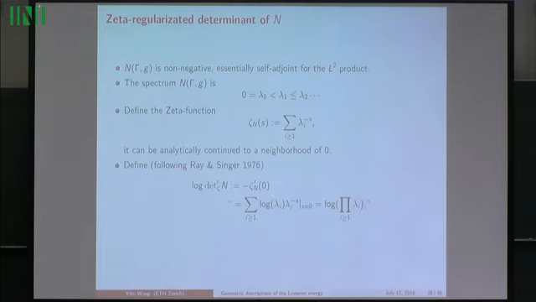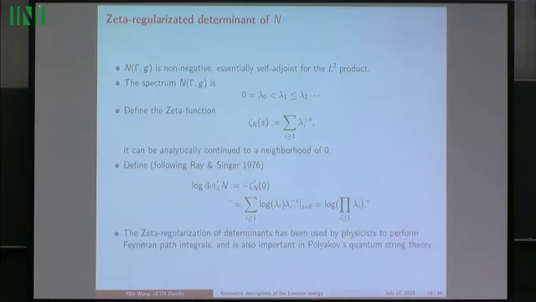If we formally take the derivative, you have the sum of log lambda_i times lambda_i to the power minus s, and taking s equal to 0 formally, you get the log of the product of all the eigenvalues. It's like the determinant, which is why it's called the zeta regularized determinant. Zeta regularization of determinants has been used by physicists, for example, to perform Feynman path integrals, and it is also important in Polyakov's quantum string theory.